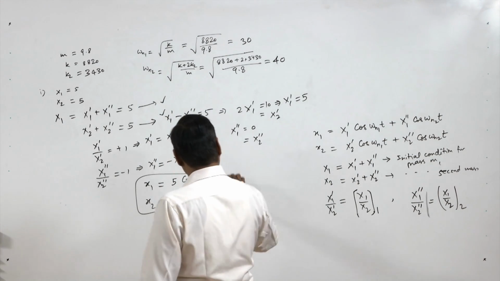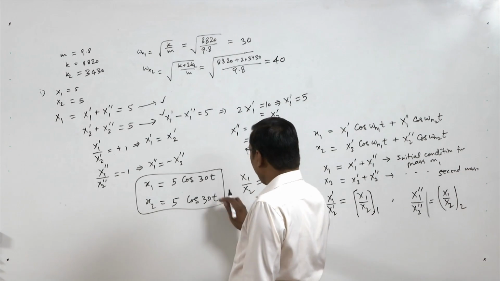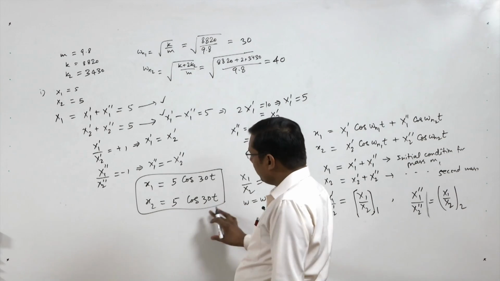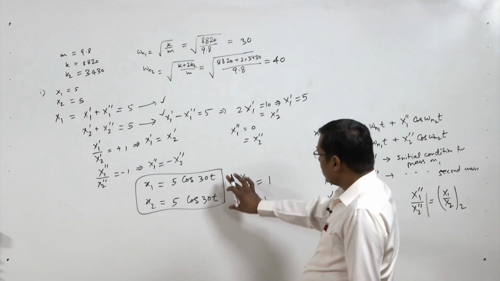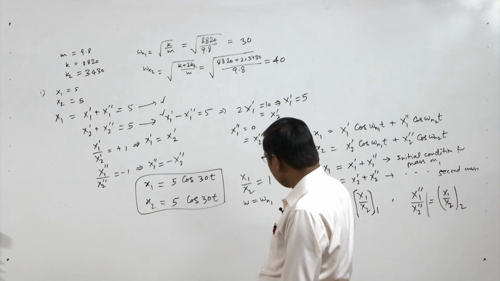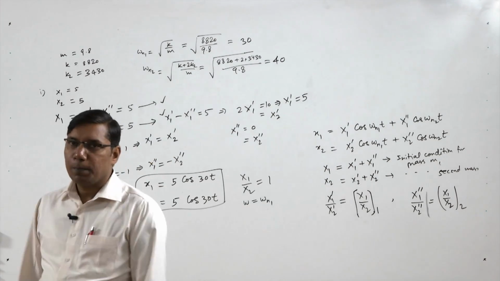So we see that x1 by x2 equal to 1 and omega equal to omega n1. So this is the principal mode of vibration, the first mode of vibration, and both masses have harmonic motion with the same frequency and same amplitude.